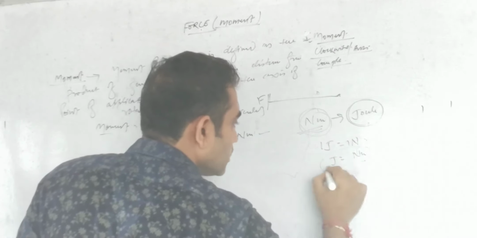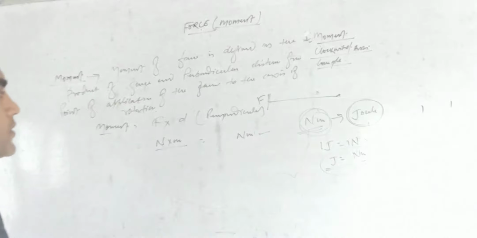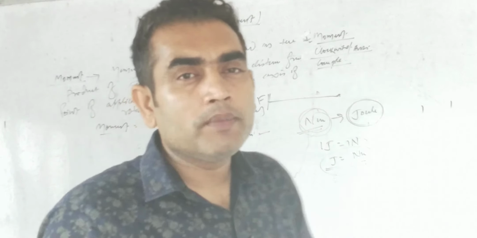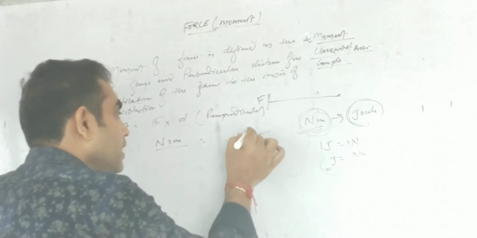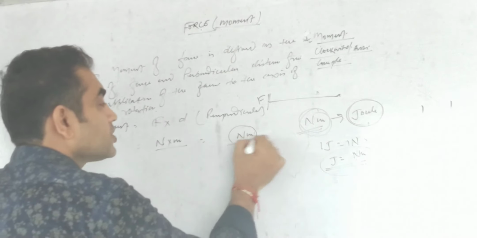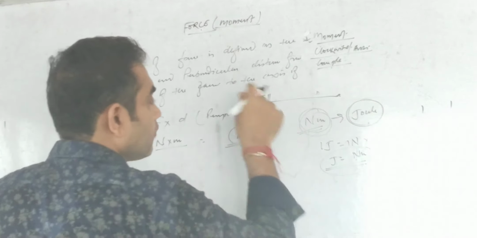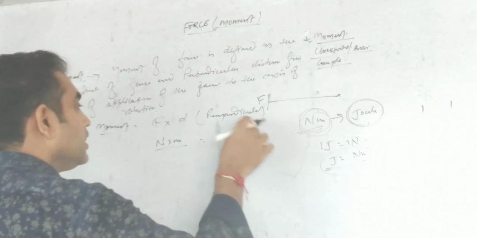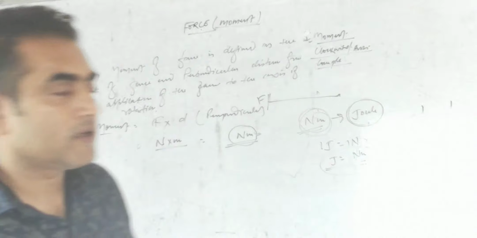Can the unit be replaced by the joule? No. The unit will remain Newton meter, and that is the difference between the unit of work and the unit of moment. So you will write Newton meter, it will not get replaced by any other term.